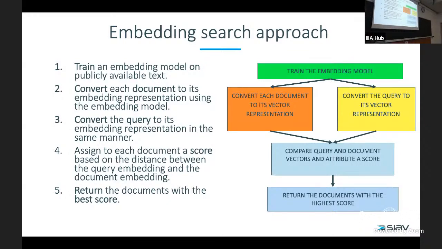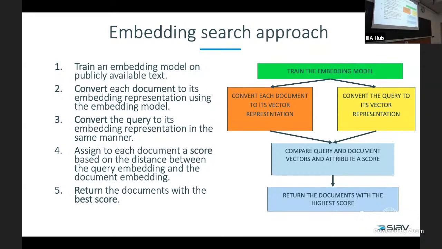Then, when you are retrieving your documents, you just assign to each one of the documents in your index a score which is based on the distance between the query embedding and the document embedding. Here, by distance, we mean some sort of similarity measure, and in our particular case, it's the cosine similarity, but it usually depends on the way the embedding model has been trained.